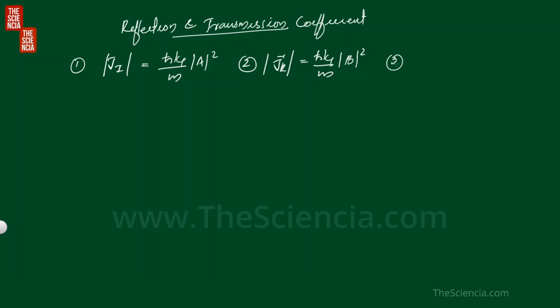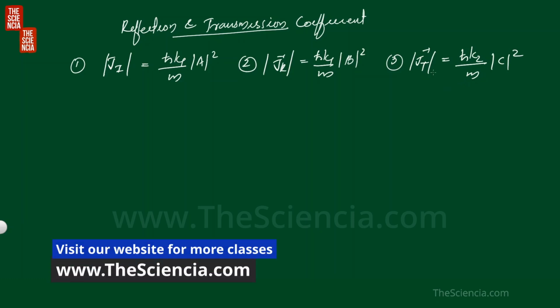For the transmitted wave, J transmitted is equal to h cut k2 by m mod C square. From these equations, we can find the reflection coefficient and the transmission coefficient.